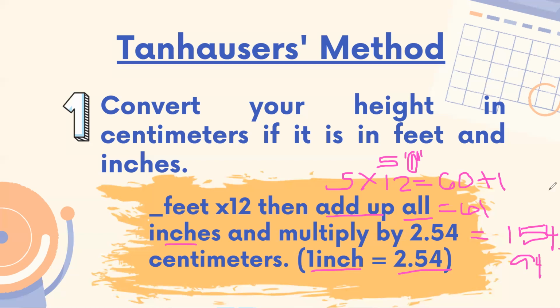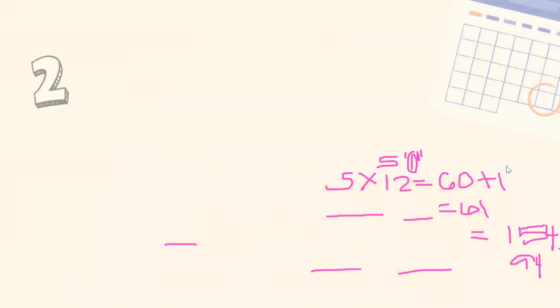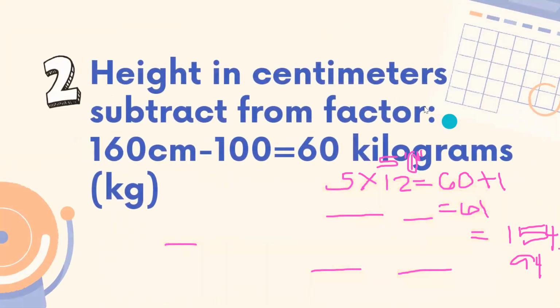Okay, let's remember that. Next, second, height in centimeters subtract from factors: 160 centimeters minus 100 equals 60 kilograms.